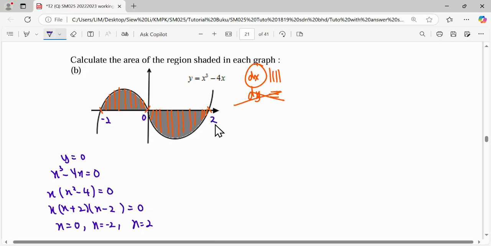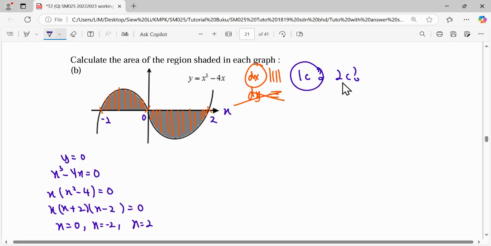After finding these points, we have to determine whether our area uses the one curve concept or two curves. As you can see, our region here is fully attached to the x-axis. It doesn't detach up from the x-axis. When it's fully attached to the x-axis, it means it is the one curve formula.